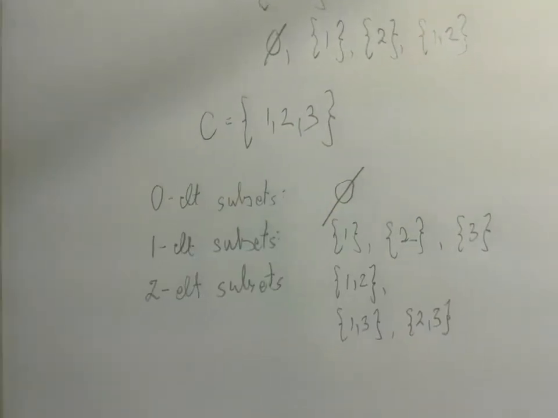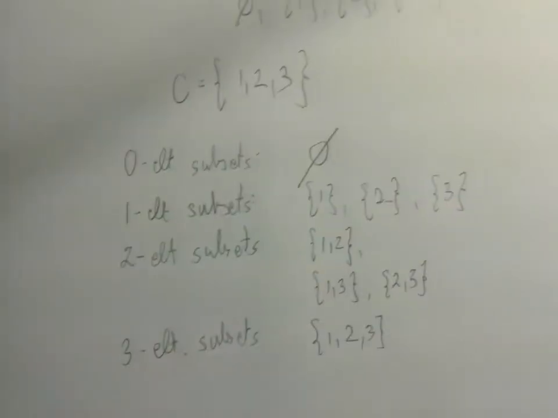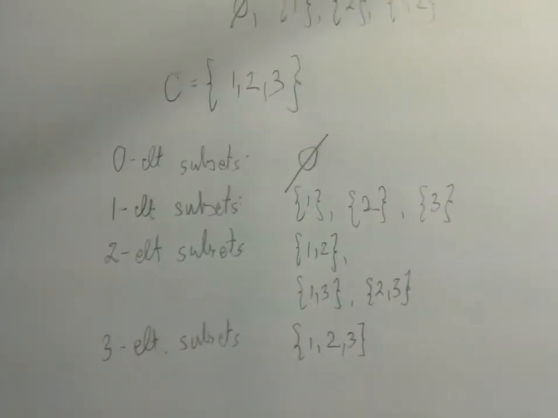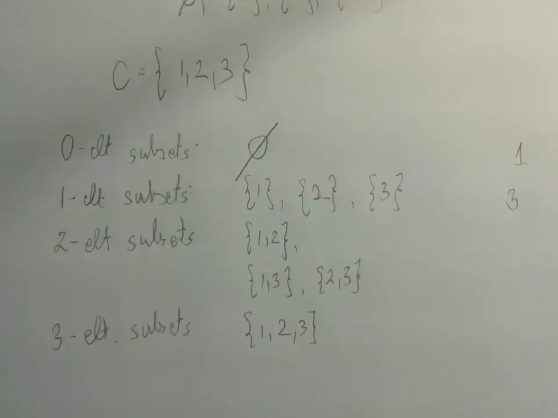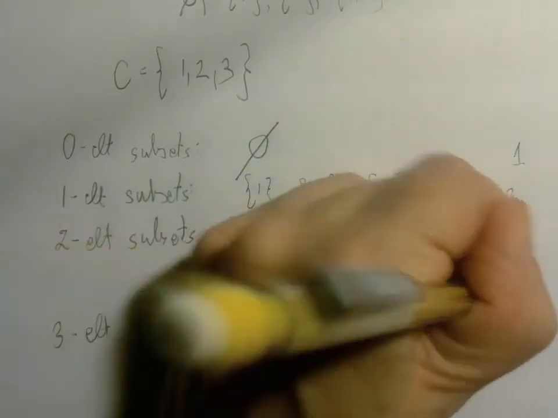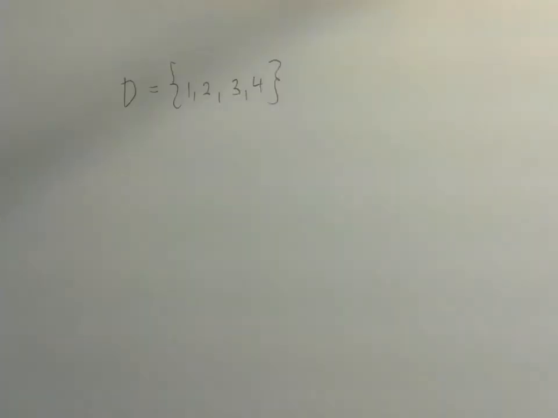And finally, for 3-element subsets, there is just the set itself. So we had 1 0-element subset, 3 1-element subsets, 3 2-element subsets, and 1 3-element subset. So altogether, 8 subsets.